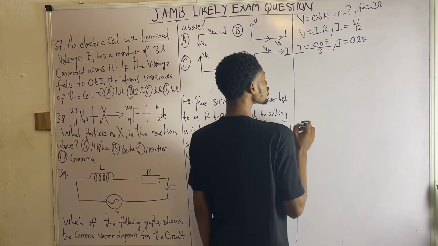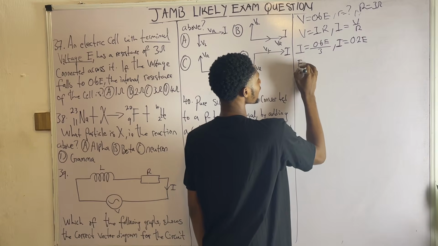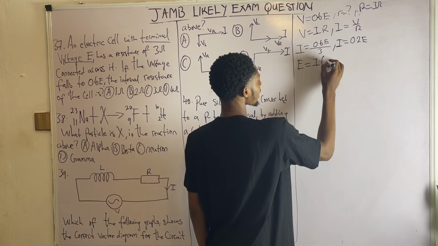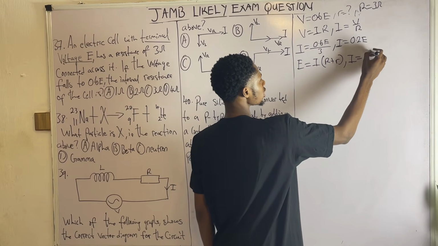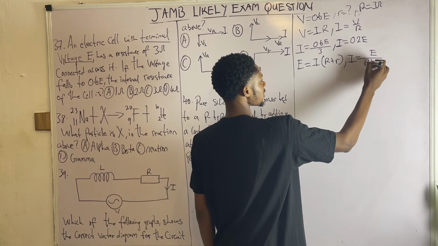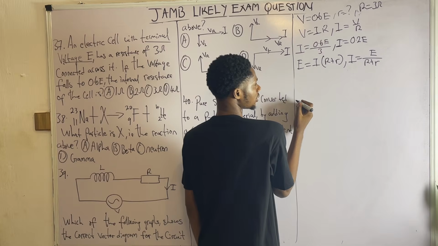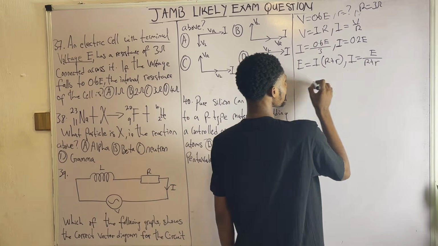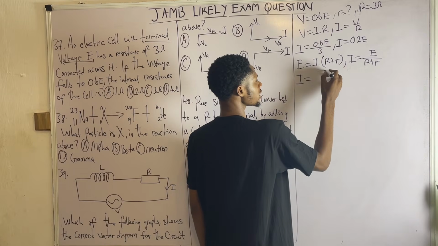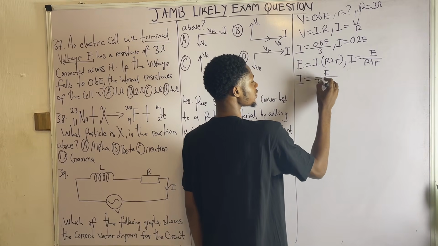Now also we know that EMF is equal to I in brackets external resistance plus internal resistance. So I is equal to EMF divided by external resistance plus internal resistance. If we plug in R, we're going to have I equals EMF divided by big R, which is 3, plus small r.